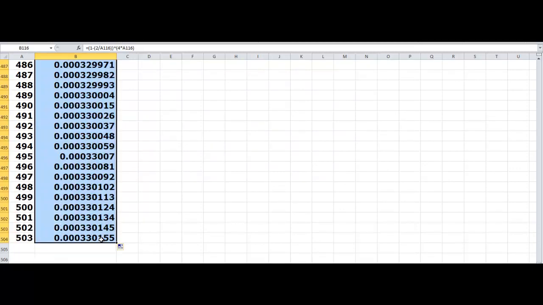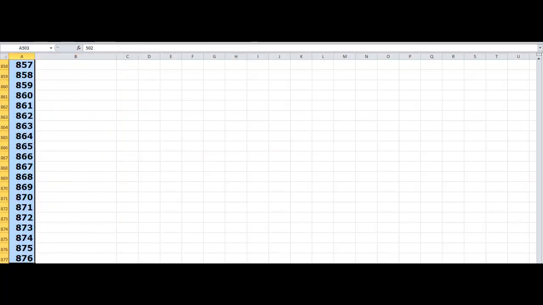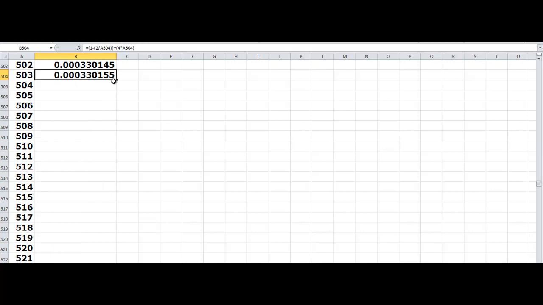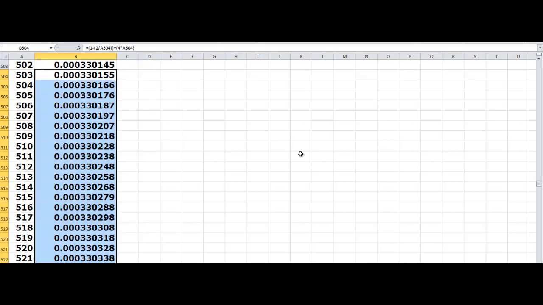Okay, let's see here. Does it appear that it should converge? I have 0.033 and all that. Okay, or we may go further down. Here we are, right? 0.0033000033.